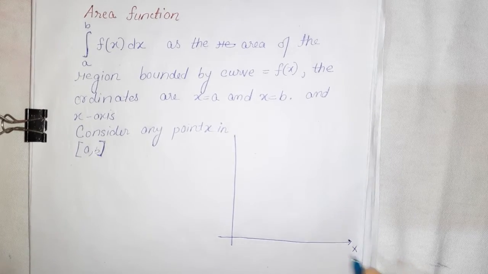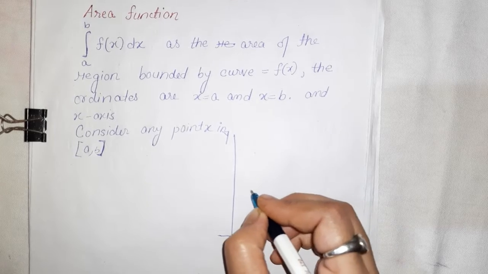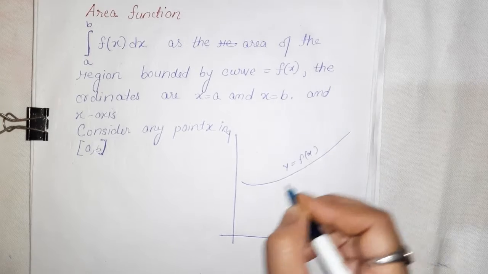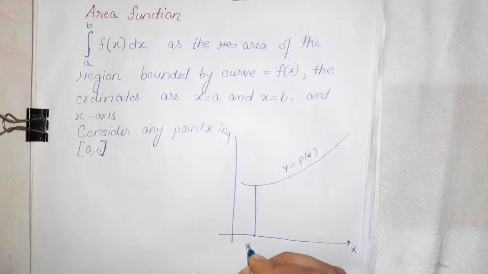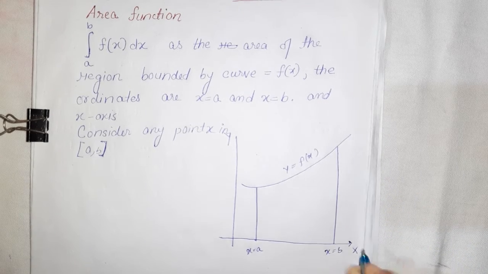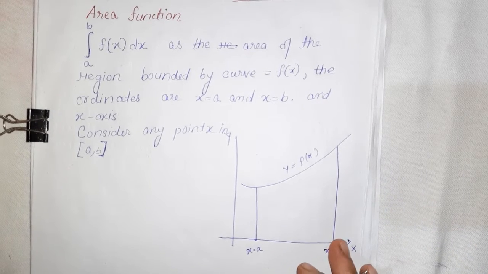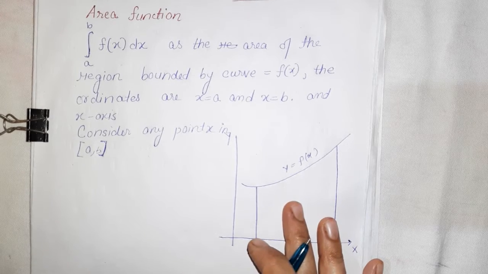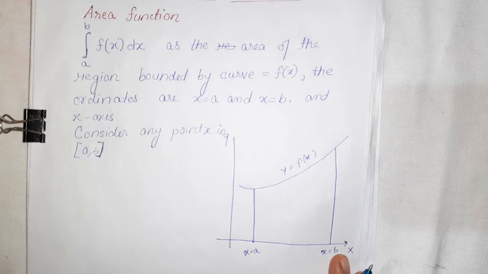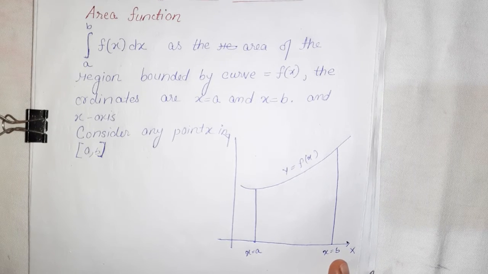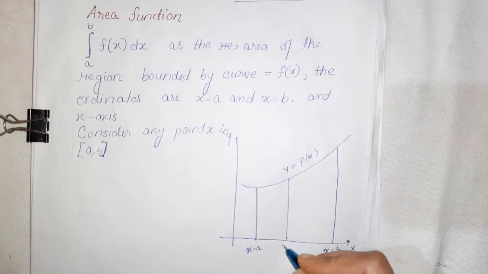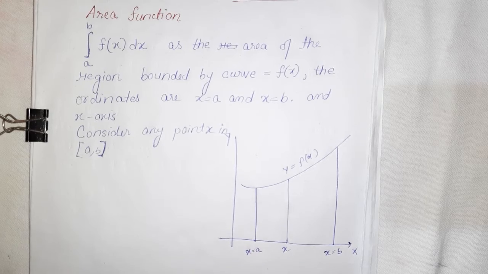This is your x-axis, this is y, and if your graph of y equals f of x is this, and this is x equals a, this is x equals b, and this is the positive x-axis, and this area is represented by y equals f of x. Now we consider a point in between a and b, that is our x. This is the point x which is in between a and b.